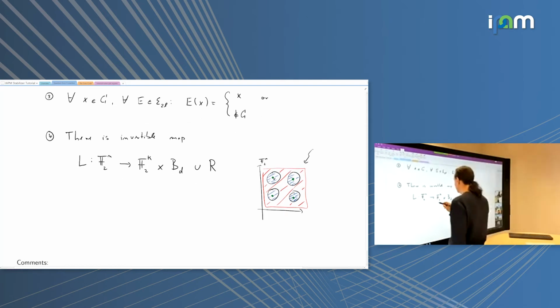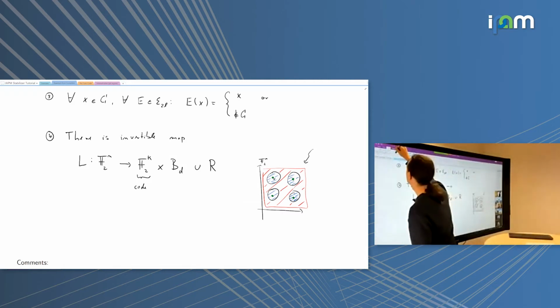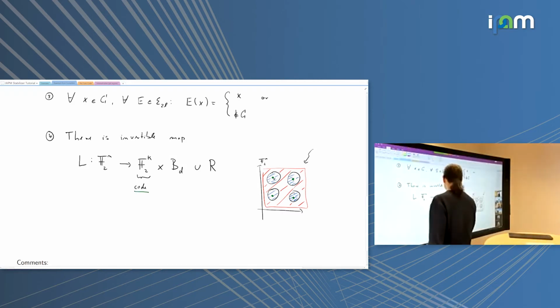So what do I mean by this? The interpretation is that every bit string I can parameterize by saying, okay, I start at an element of the code. In my color coding in this picture, this is denoted in green. And then around every code word, I put a Hamming weight ball.